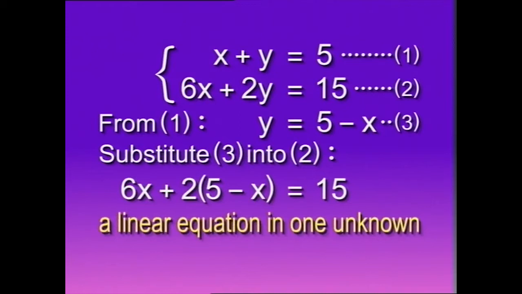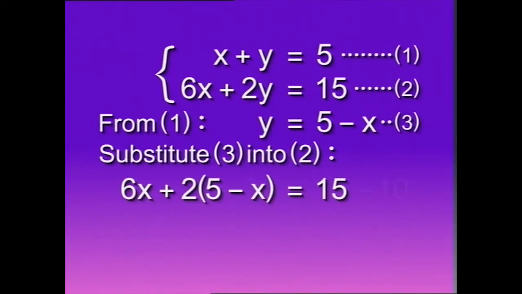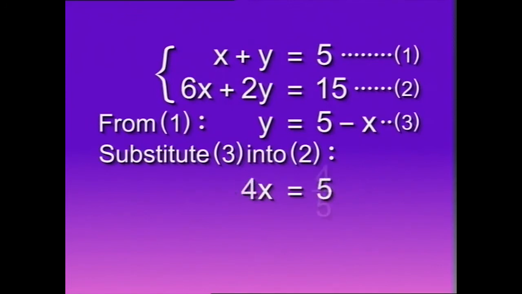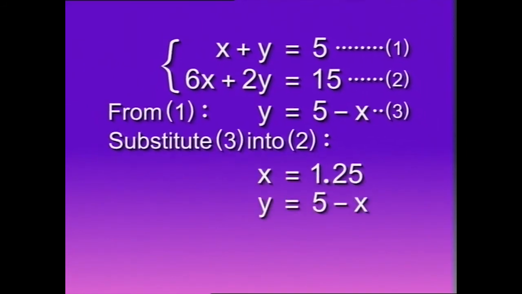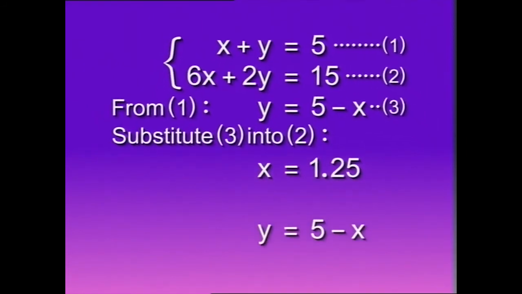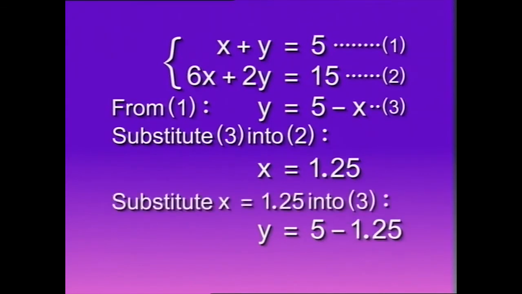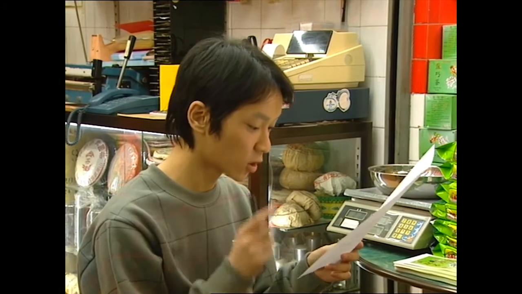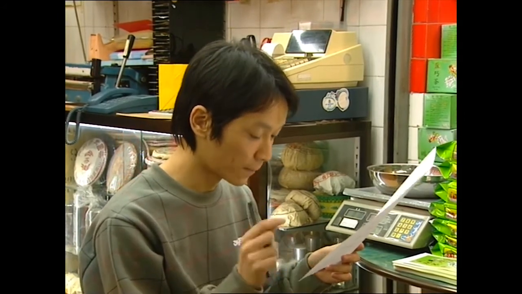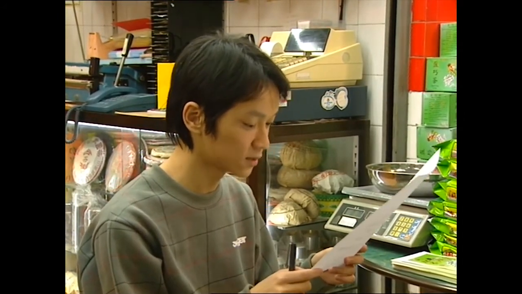I get it. Since y equals 5 minus x, we substitute x with 1.25 and we get the value of y. The exact solution becomes 1.25 kilos of high-grade tea and 3.75 kilos of ordinary tea.